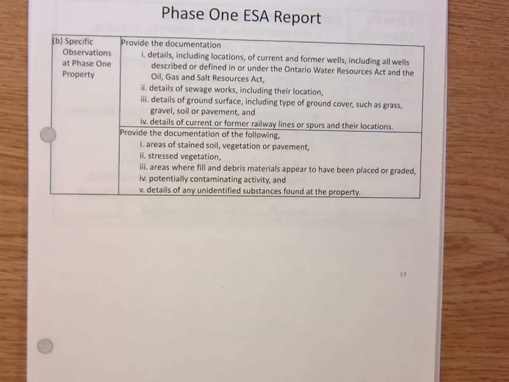And of course, you want to have the details of ground surface, including types of ground cover such as grass, gravel, soil, or pavement. That will help you to understand for your next steps if you want to do phase 2 environmental site assessment, or if you want to take on any remediation action. That will help you in those steps.